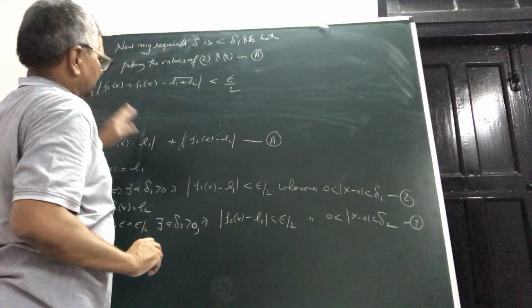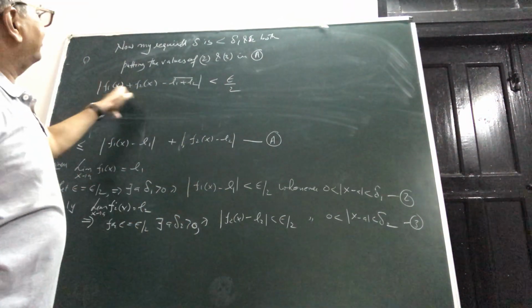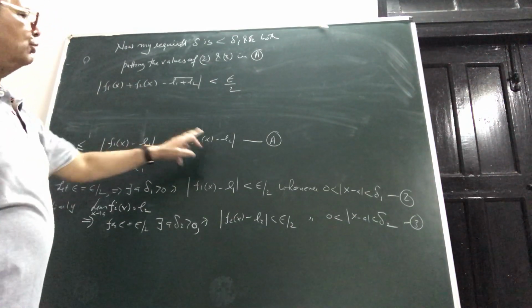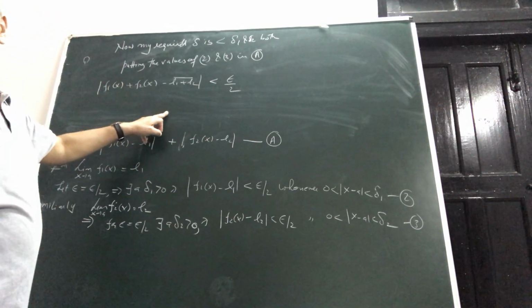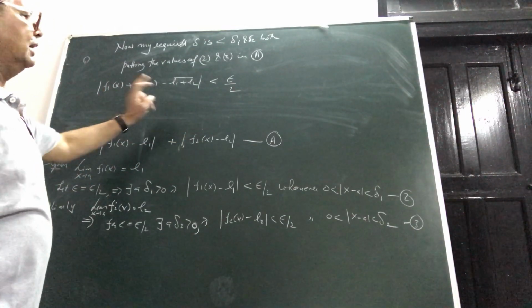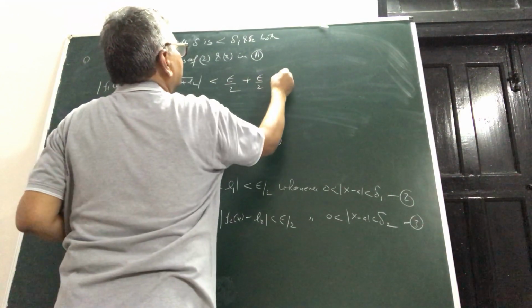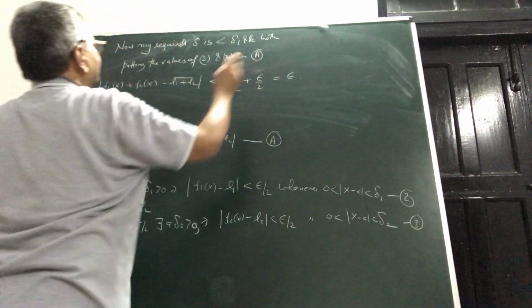Mind it, this result I derived from this only. So this is less than epsilon by 2 plus epsilon by 2, which is equal to epsilon.